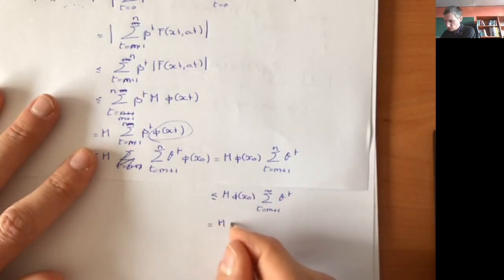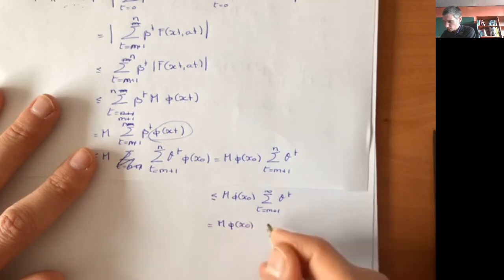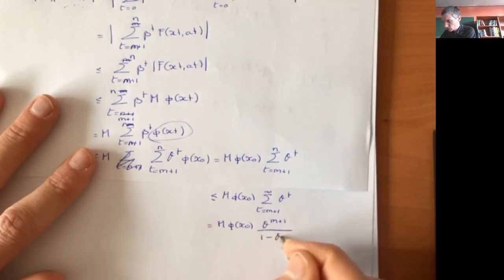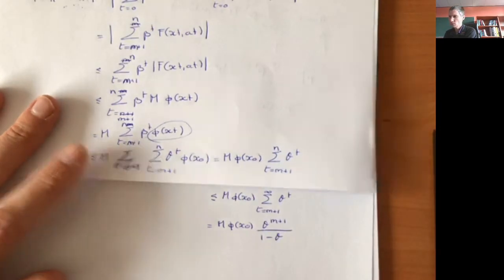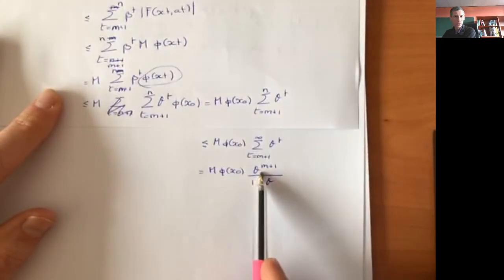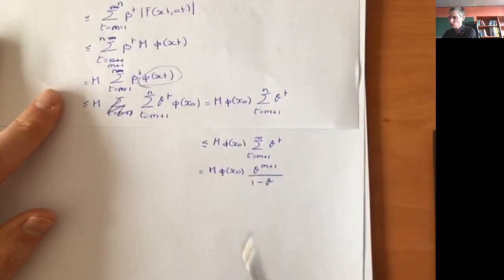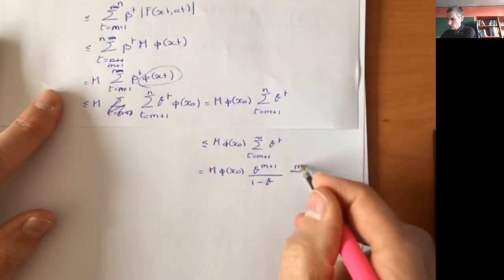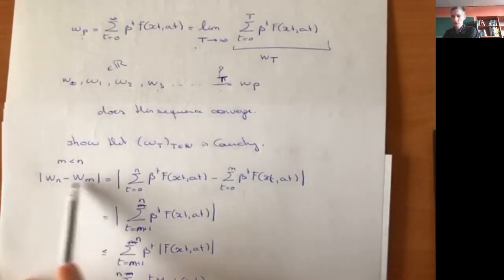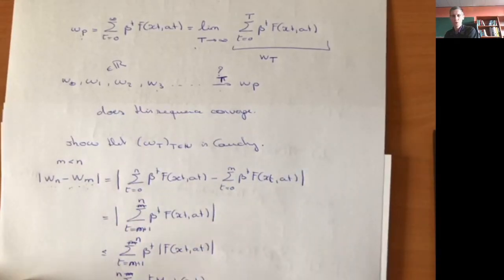And this is equal to m phi x0, first term, divided by 1 minus theta. And now if n and m go to infinity, what will happen to this? Well, theta is smaller than 1, so this will converge to 0, which means that indeed this distance goes to 0, so indeed we have a Cauchy sequence.